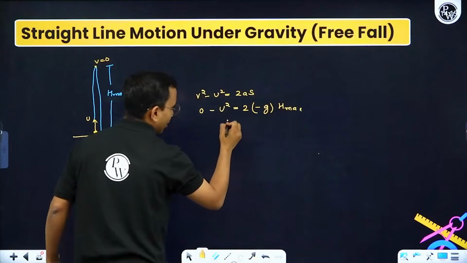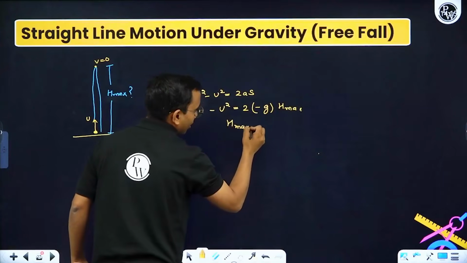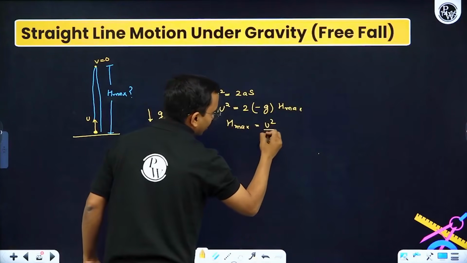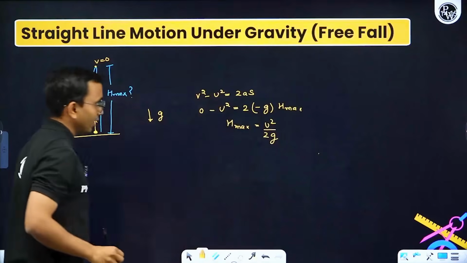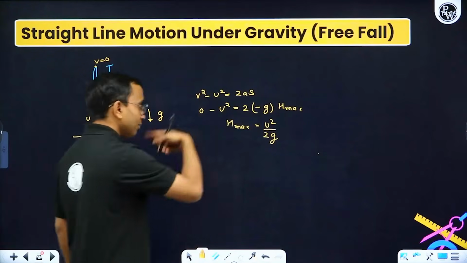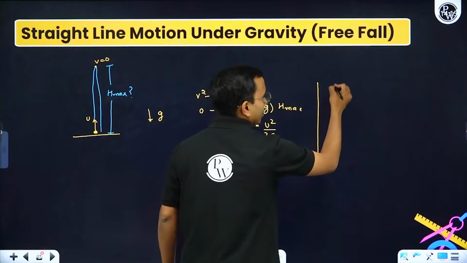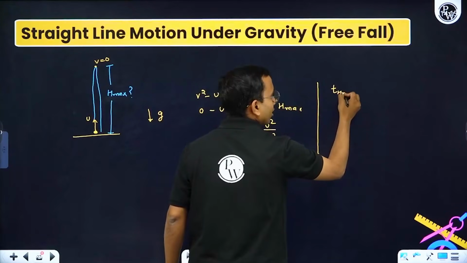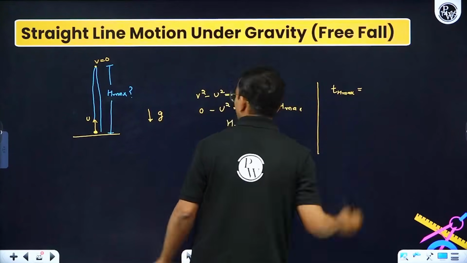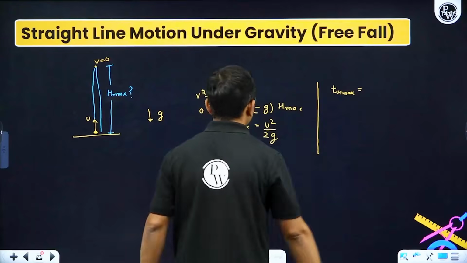So from here I got h max as u square by 2g. If I ask you how much time it took to reach the maximum height, you may use the formula v is equal to u plus at.